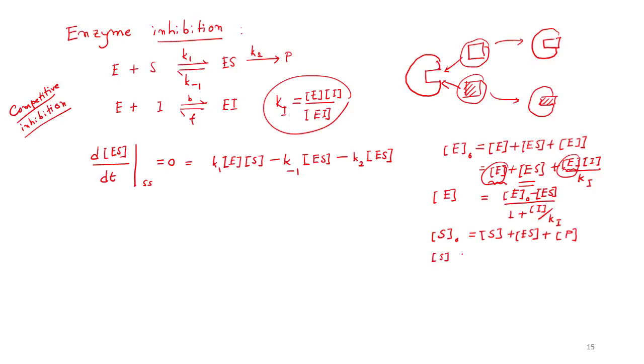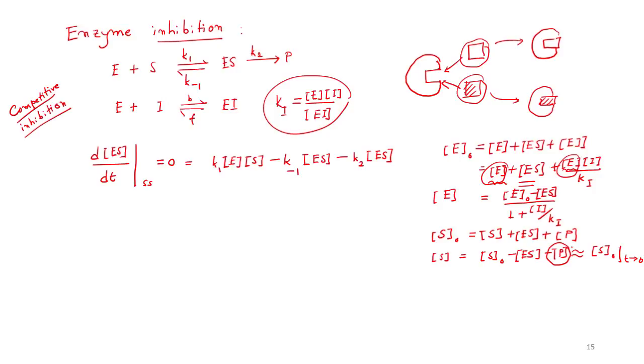So we can write S equals S0 minus ES minus P, and this ES term we can always ignore, and the P term we will also ignore eventually. So this will be nothing but S0 itself in the limit t tends to 0, because only in that limit this term goes to 0, and ES we can always assume is much smaller than S0.